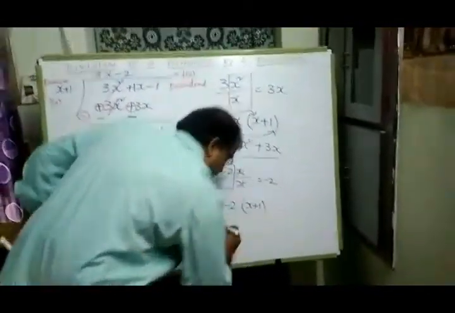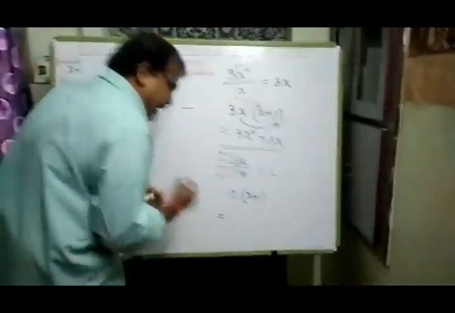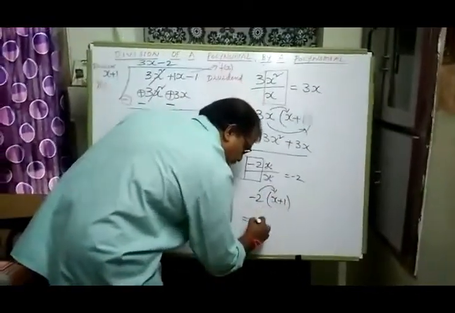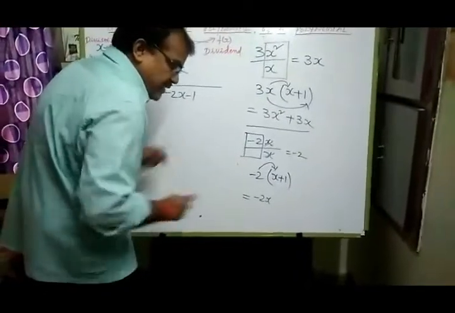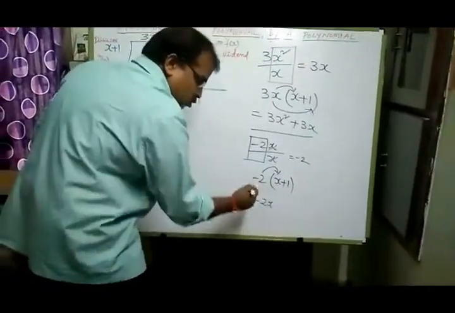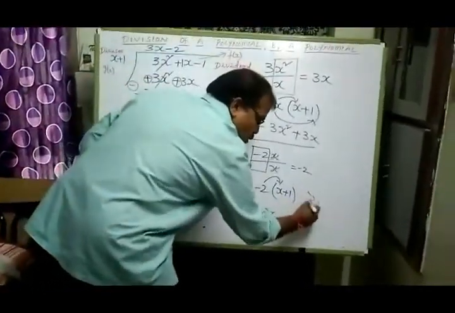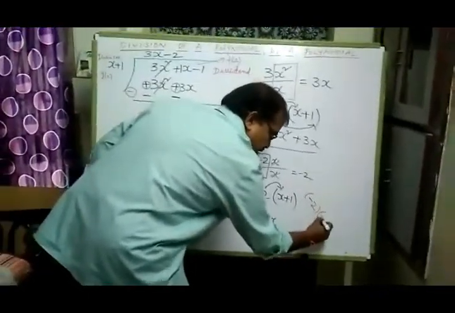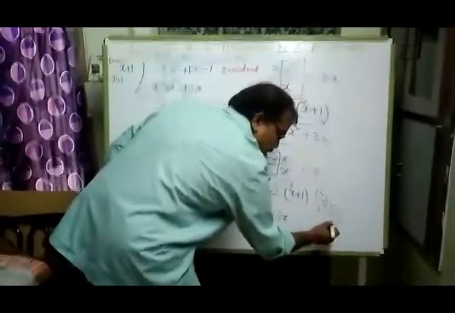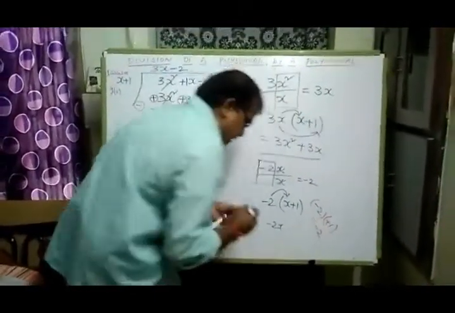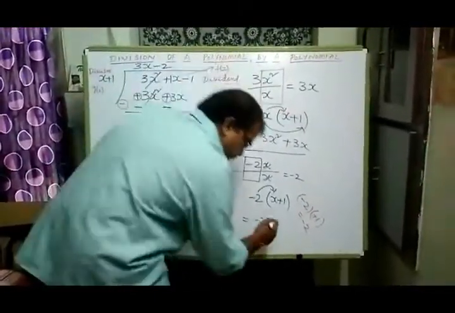Minus 2 into x is equal to minus 2x, and minus 2 into plus 1 is minus 2. Two 1s are 2, and minus into plus is minus. This is minus 2.